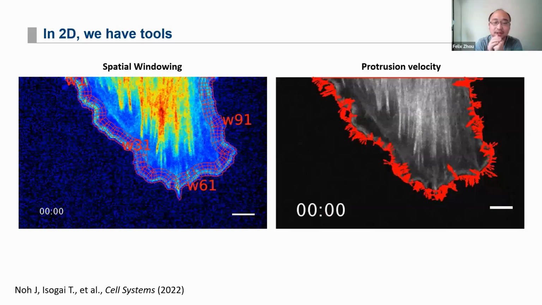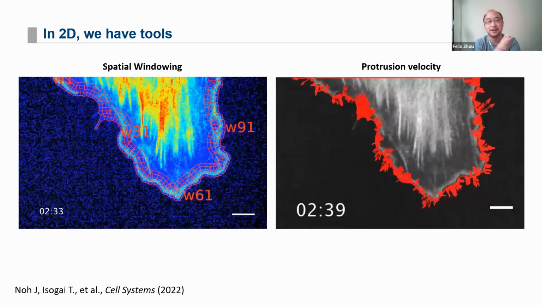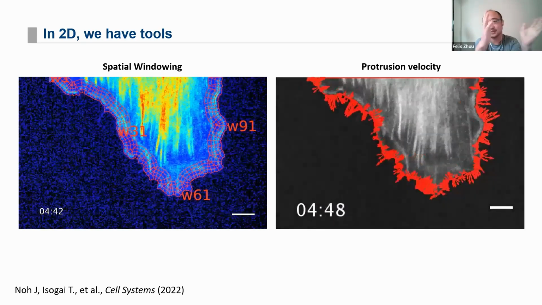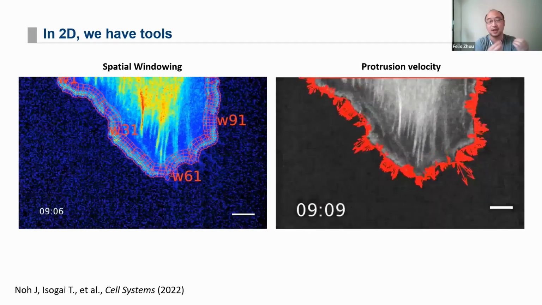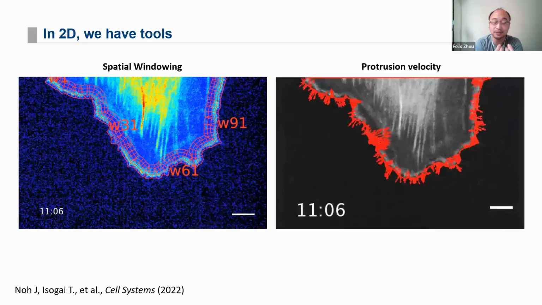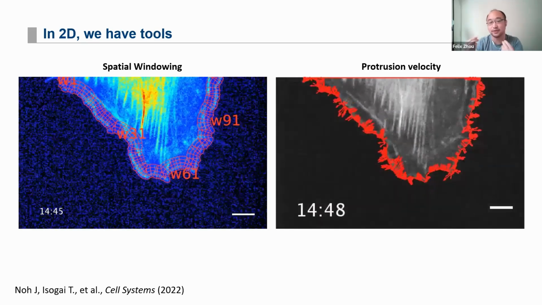The approach taken in the Danuser lab was to conduct spatial-temporal windowing. We have a package where you can grid these windows in 2D and then track them, capturing the Lambda-Podia dynamics in the measurement of a normal protrusion velocity.